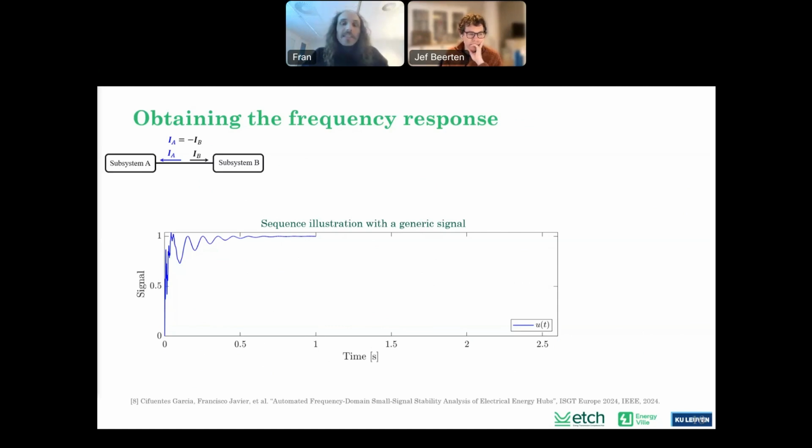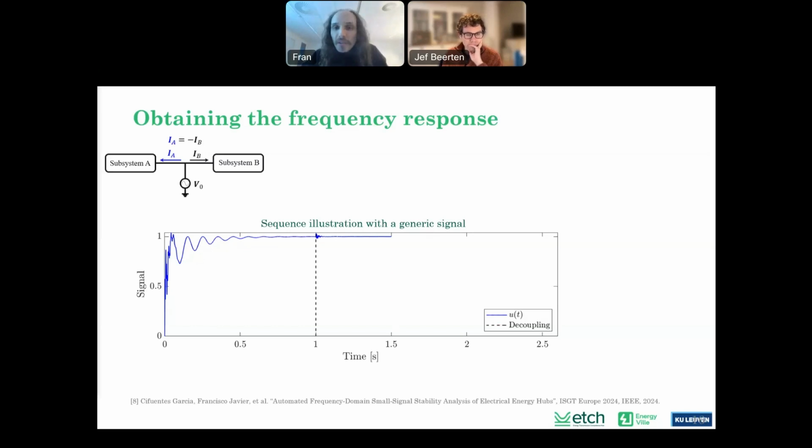And at that instance, we connect ideal voltage sources wherever the toolbox is placed. This effectively decouples any subsystem. So in this example, we have two subsystems, but you can imagine a larger network with many of these toolboxes in different buses, and it will decouple all subsystems at those particular buses.